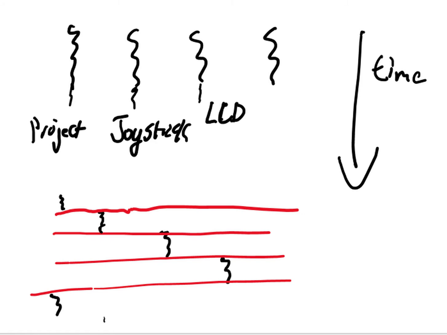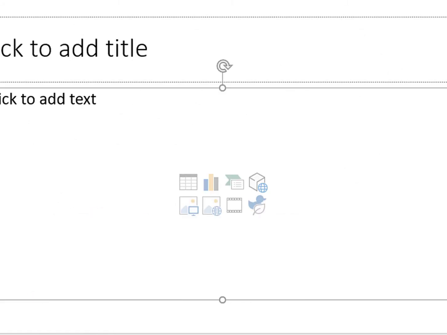Now, one key thing about threads, what makes them different than having a full-fledged separate process running, is that the threads can all share a common address space.